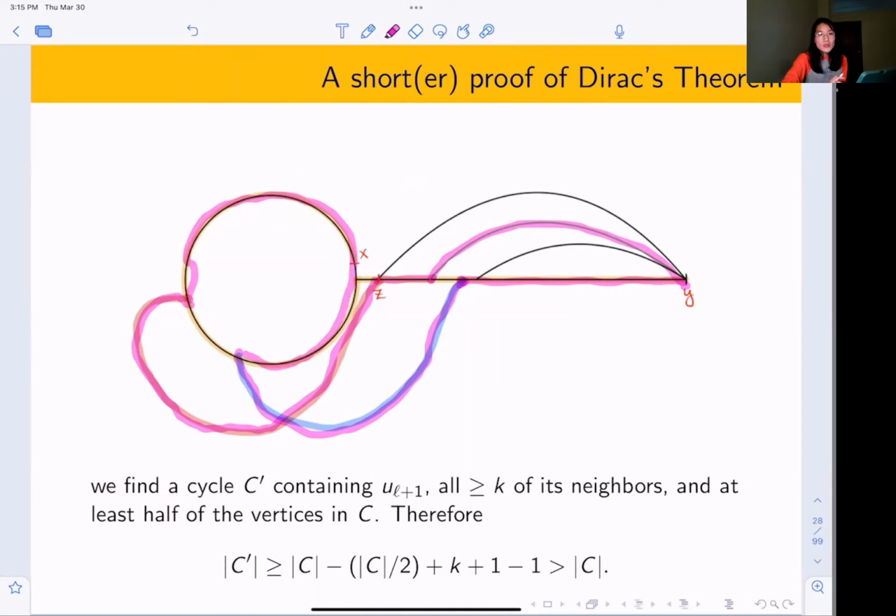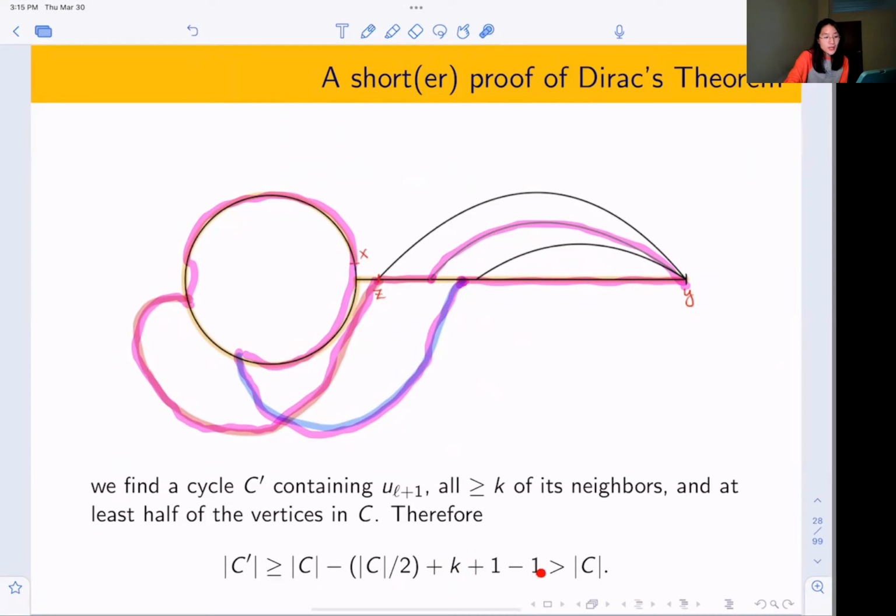Okay, so when I choose this segment inside C, I'm going to choose one so that I throw away at most half the number of vertices in the cycle. So in particular, this gives us a new cycle whose length is going to be at least C minus half of C. And then now we have K neighbors of Y plus 1 for Y itself.